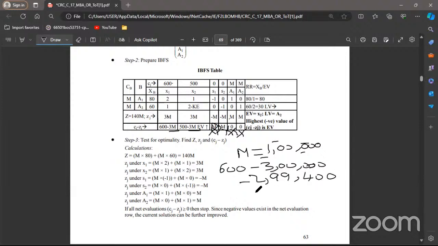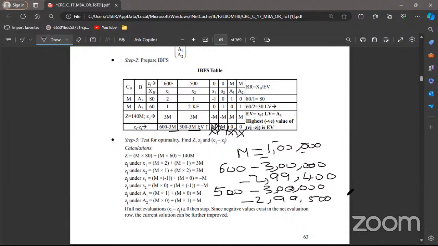Now 500 minus 3 lakhs is how much? Minus 2,99,500, isn't it? Yes?